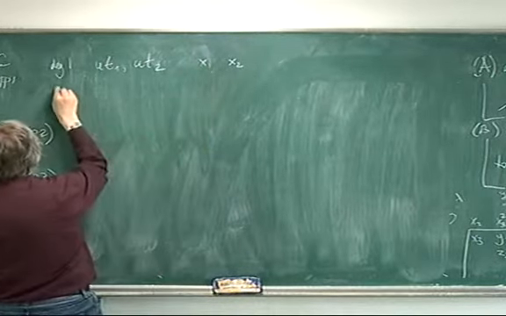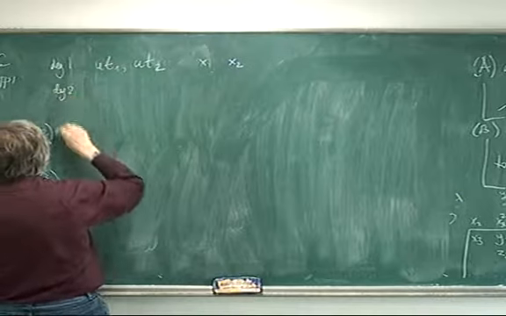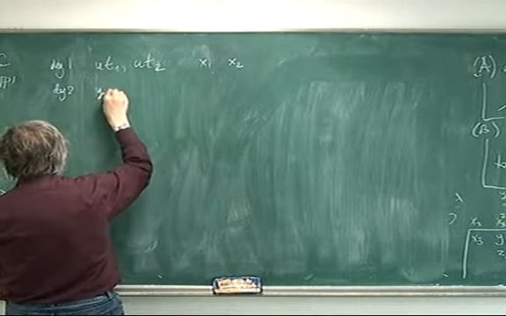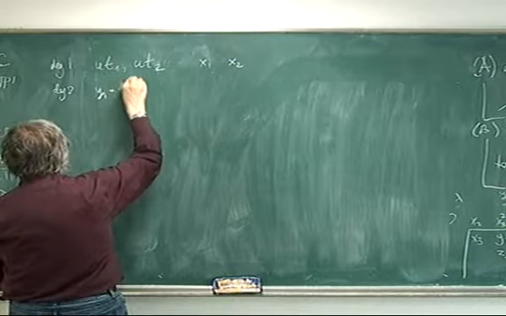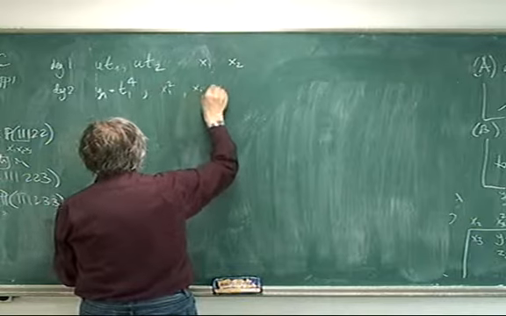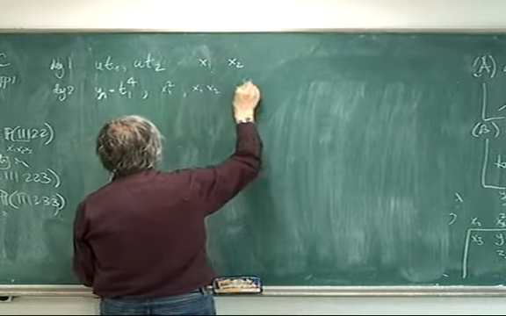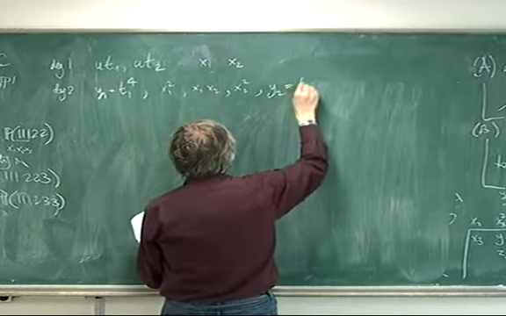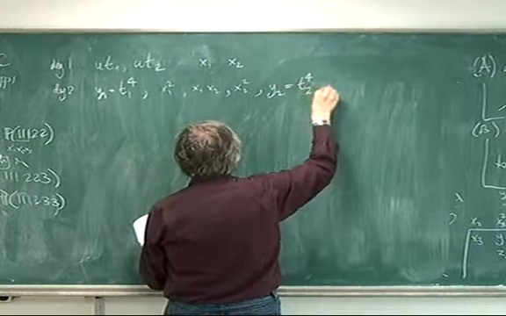And then in degree 2, I have y1 is t1 to the 4th, and then there's x1 squared, x1 x2, x2 squared, and then there's y2, which is t2 to the 4th.